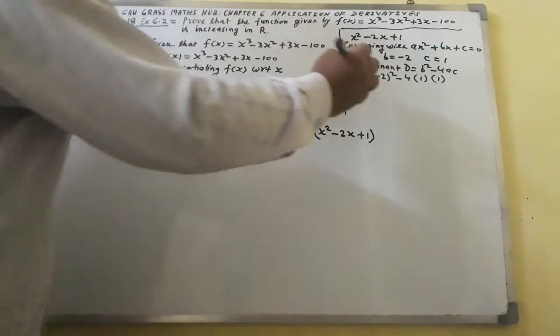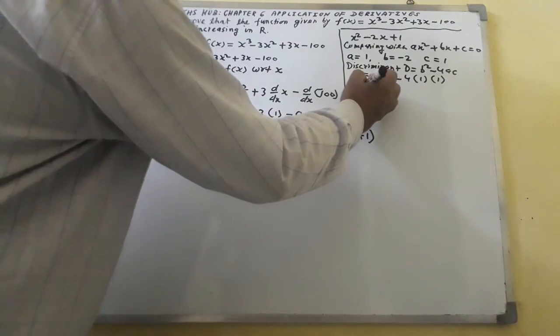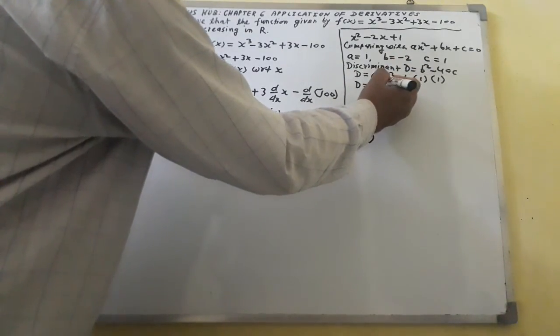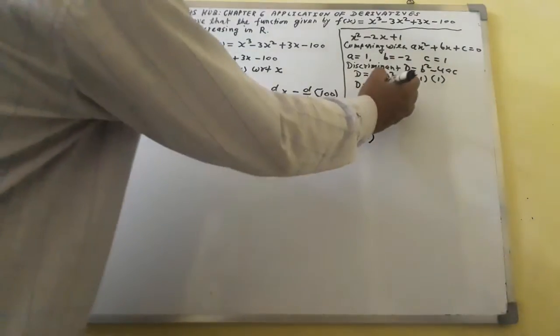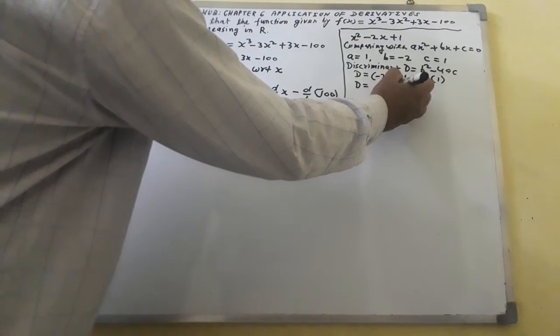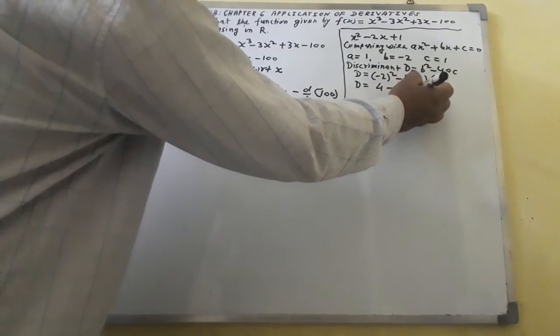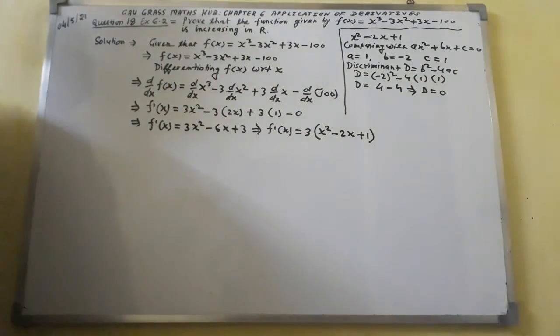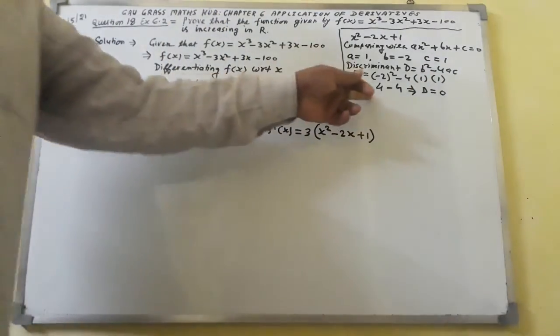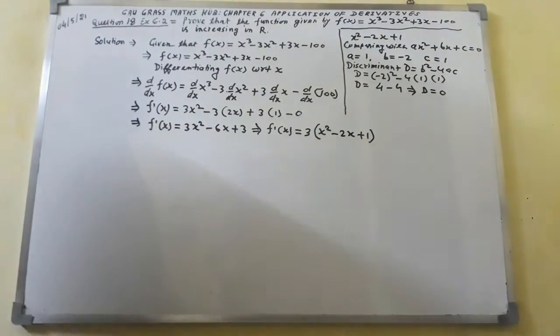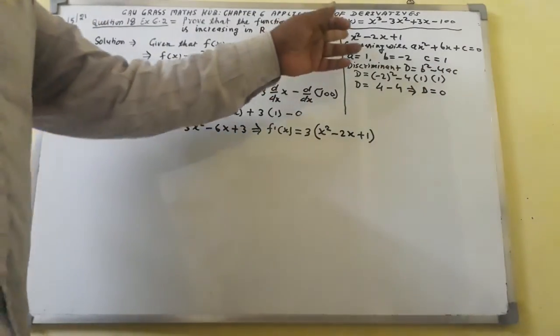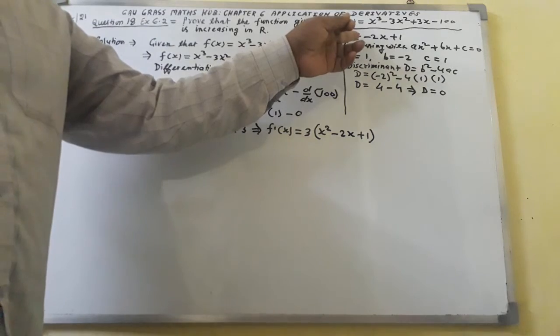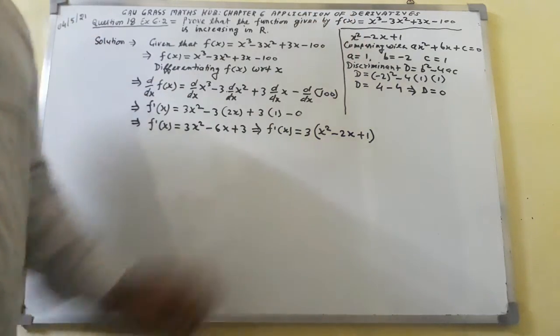So here we shall get D equal to minus 2 whole square comes out to be 4, minus 4, implies that D equal to 0. The value of the discriminant here we have got 0. That's why this quadratic equation can be factorized easily.